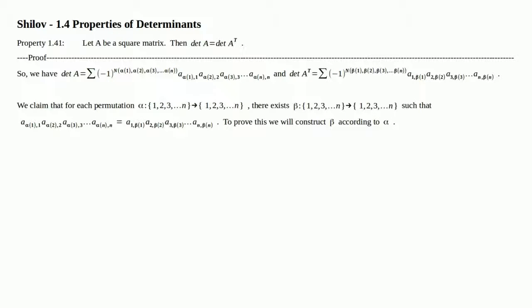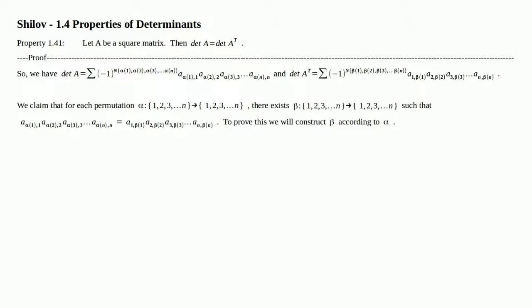Okay, we claim that for each permutation alpha on the set 1 through n to the set 1 through n, there exists another permutation beta that goes from the set 1 through n to the set 1 through n, such that these products of the entries in the matrix A are equal to the products of the entries in A transpose, right? Where on one side I'm using alpha, and on the other side they're equal to the product using the beta permutation.